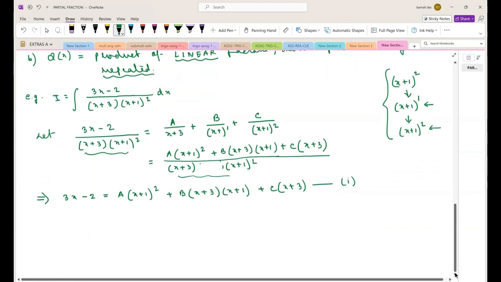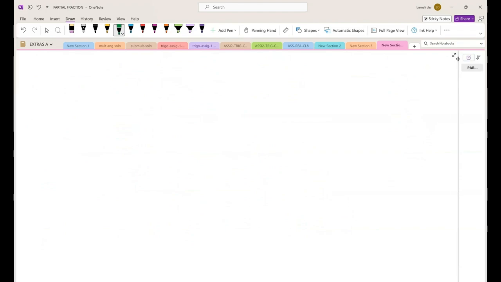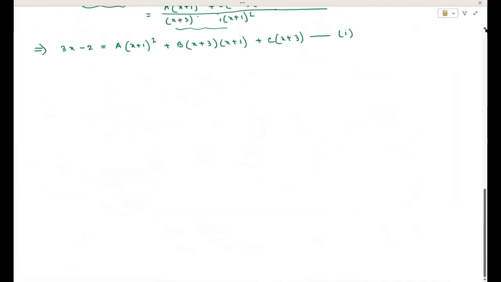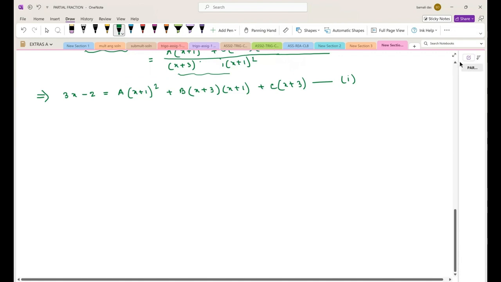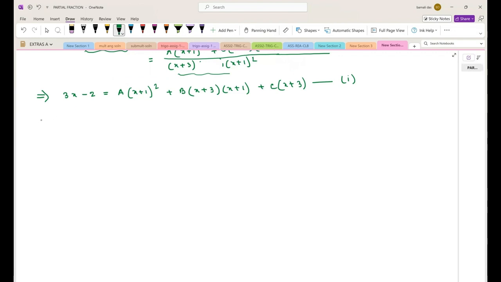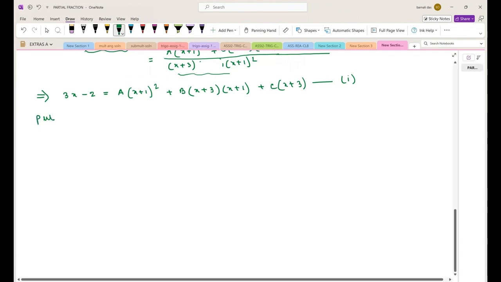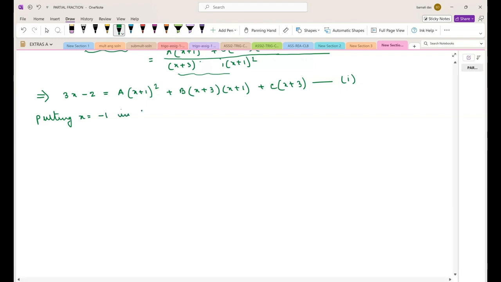Again, as before, putting x equal to say minus 1 in 1. What do we get?